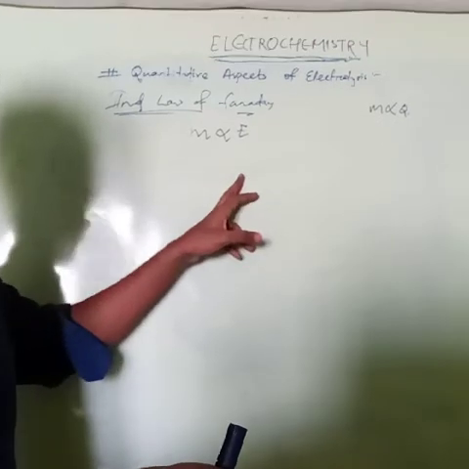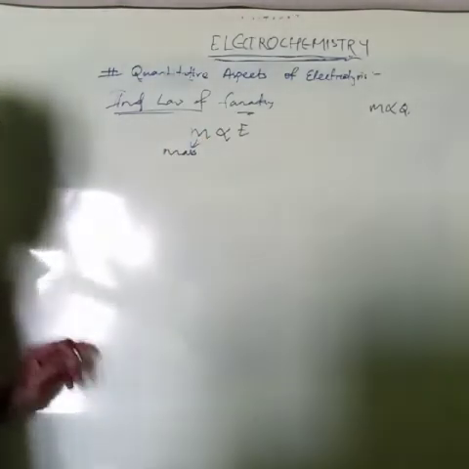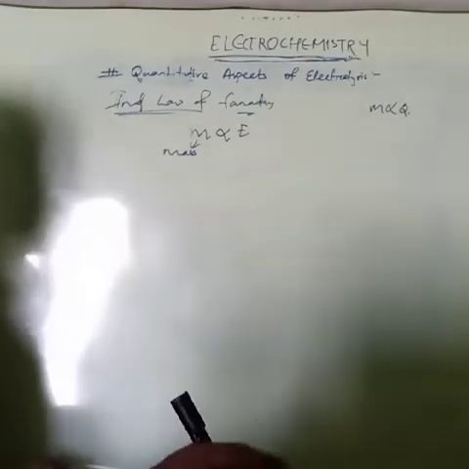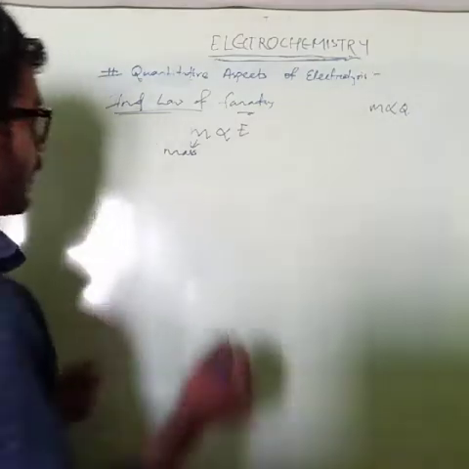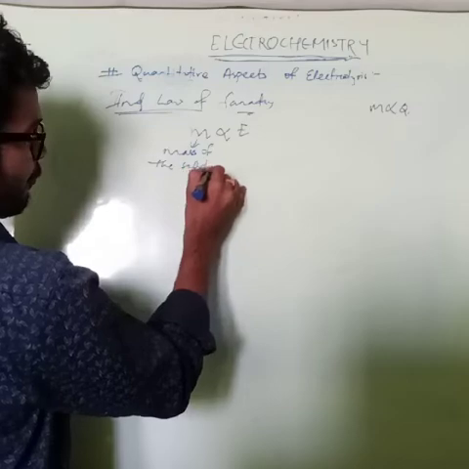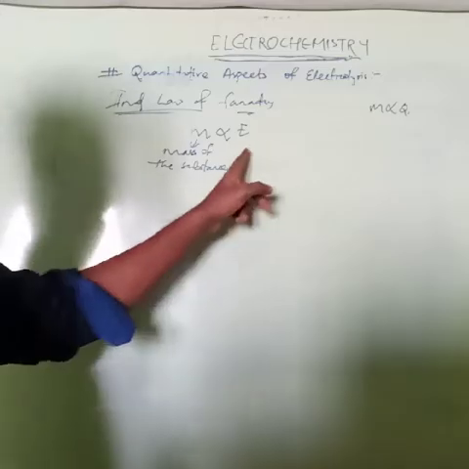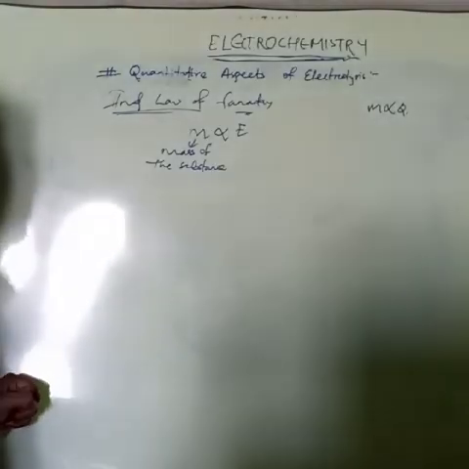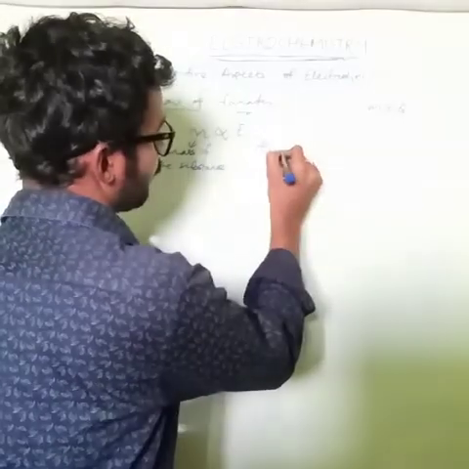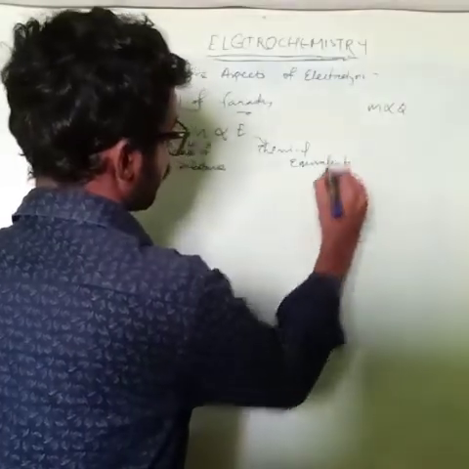So write what will be the law. Here m is the mass, right? M is the mass of the substance, where E is the chemical equivalent.